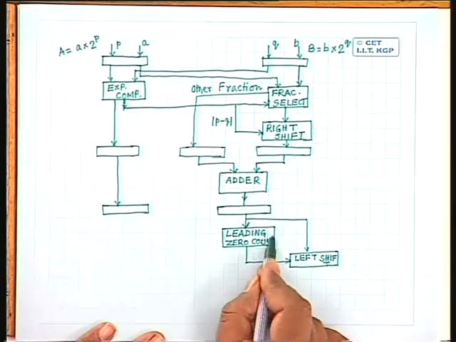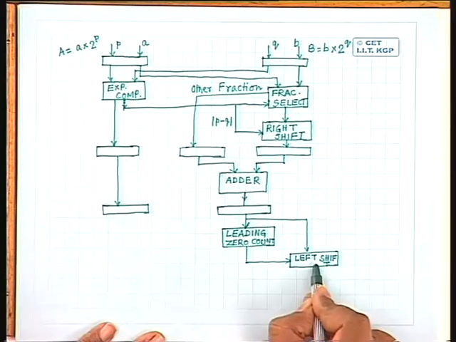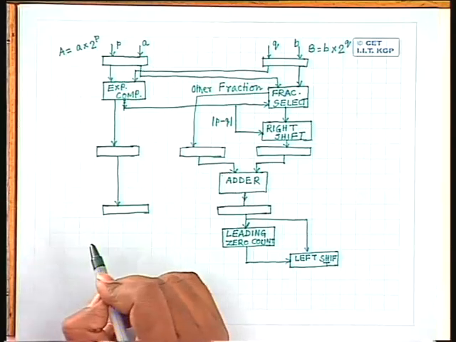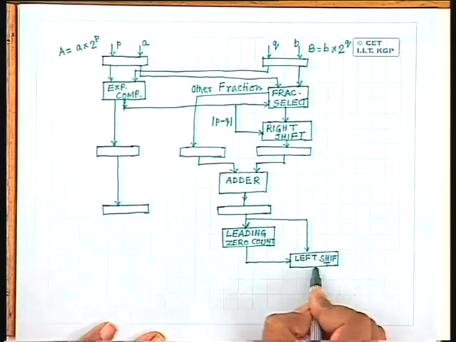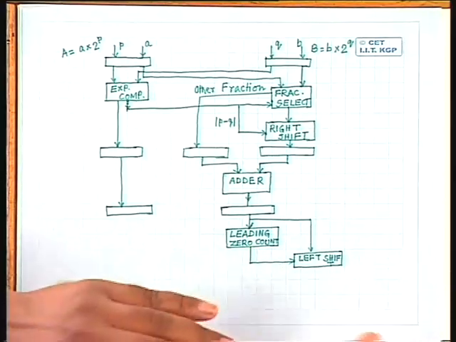And by whatever number of bits you have given left shift to this, this exponent has to be adjusted by the same number, isn't it? Because if I give some number of left shift to this, that means I am multiplying by that number.